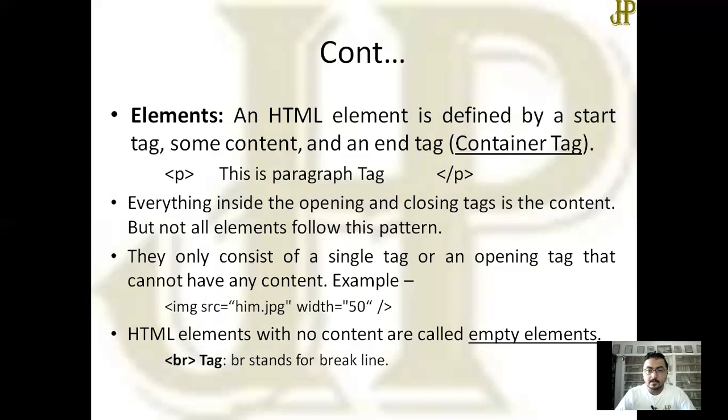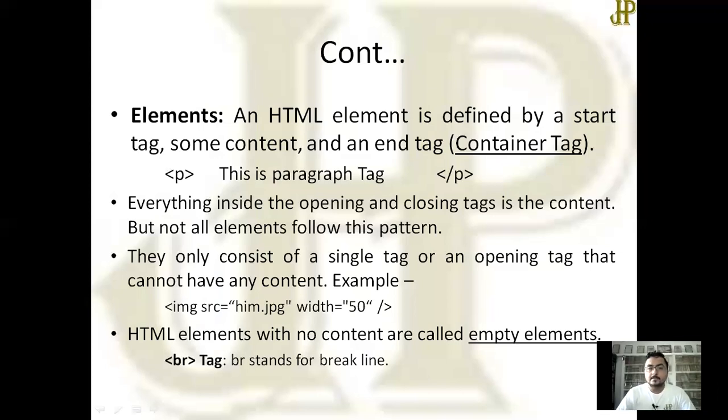Okay, these elements are basically of two types. One is container tag and second one is empty tag. In container tag, there should be an opening tag and end tag, like paragraph.